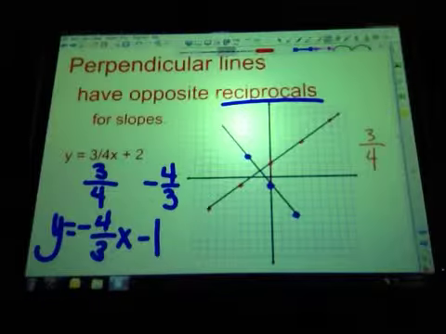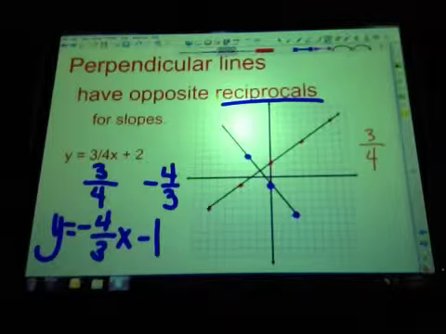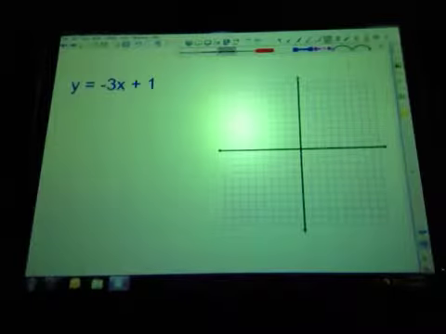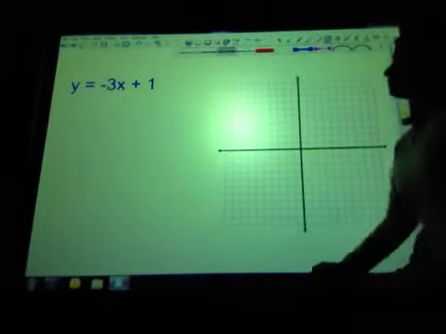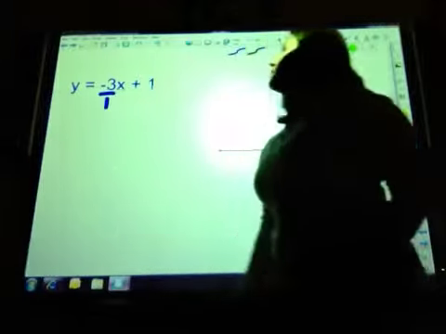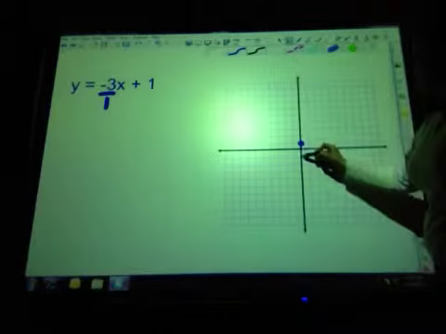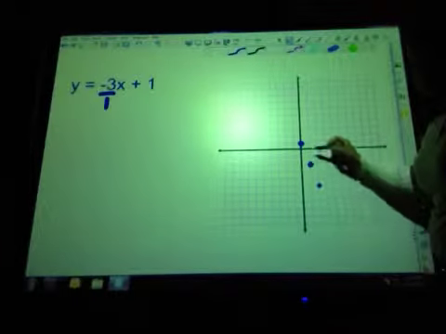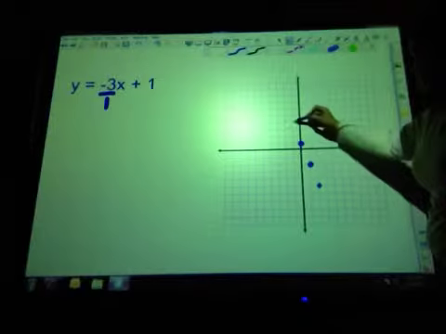So anytime you have perpendicular lines, the slopes are opposite reciprocals. In this one, the y-intercept is +1 and the slope is -3, or -3/1. So down 3 and 1 to the right. Or up 3 and 1 to the left.